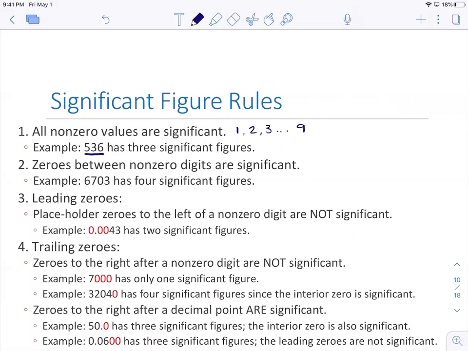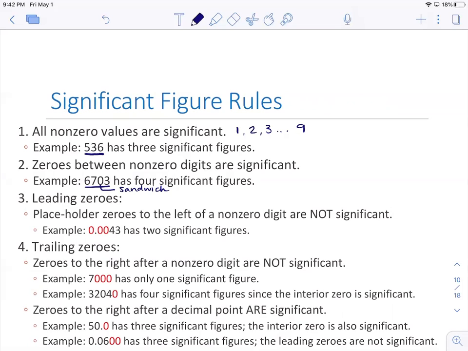The rest of our rules have to do with 0, because what is 0, right? Zeros between non-zero digits are significant. So 6,703 has 4 significant digits, because that 0 is sandwiched in between 2 actual non-zero values. So that one's significant.